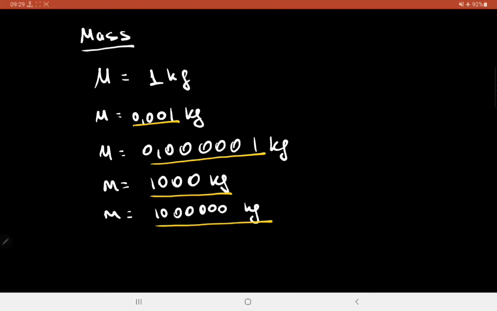To solve this kind of problem in physics, we use prefixes. What is a prefix? Prefix is, let's say, types of units to make it useful. For example, giga. Gigagram, for example. Yes, giga means 10 to the power of 9.